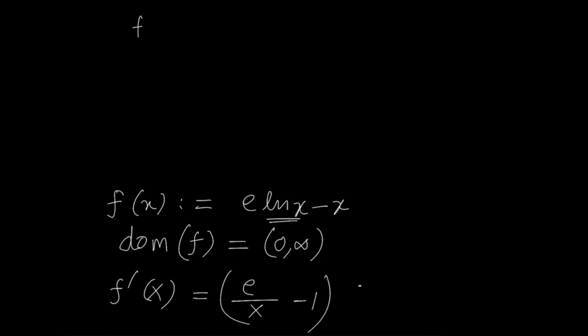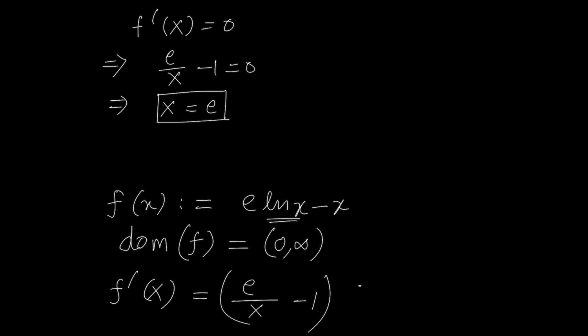So f dash x is 0 implies e by x minus 1 is equal to 0. That means x is equal to e. So f attains its optimum value, either supremum or infimum, at x equal to e.